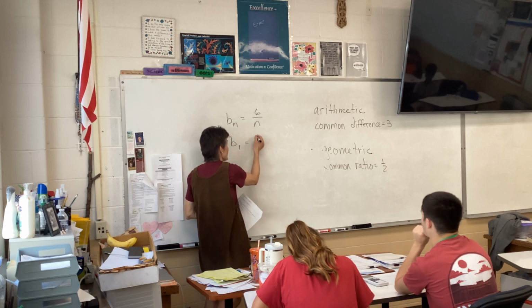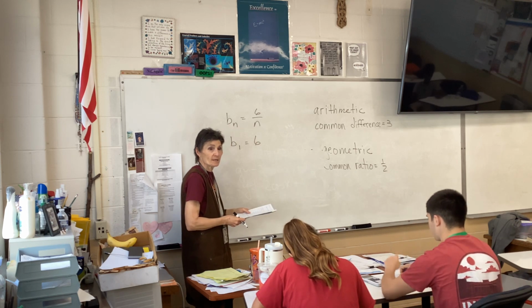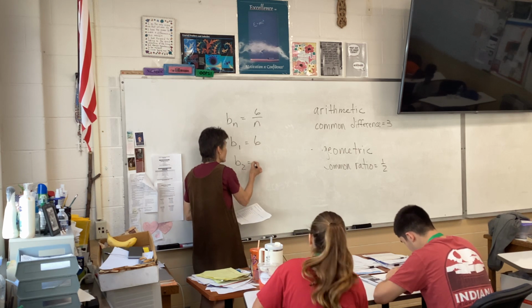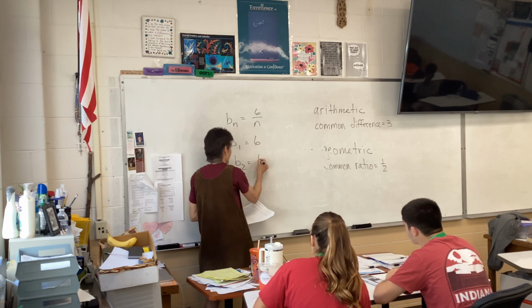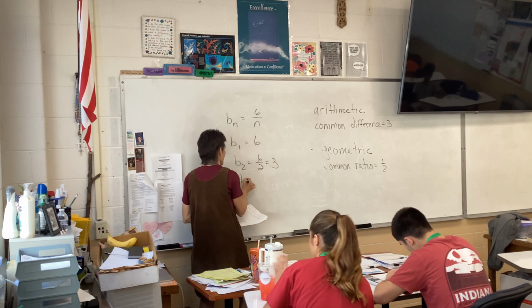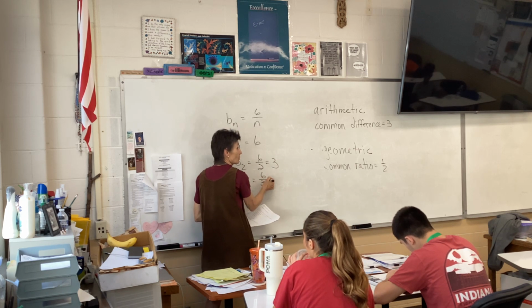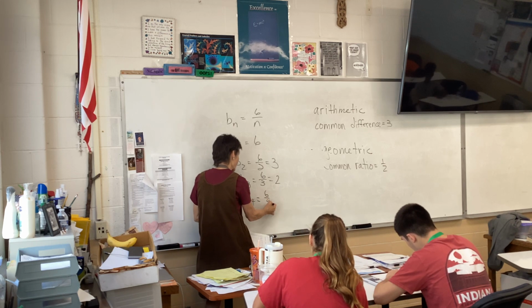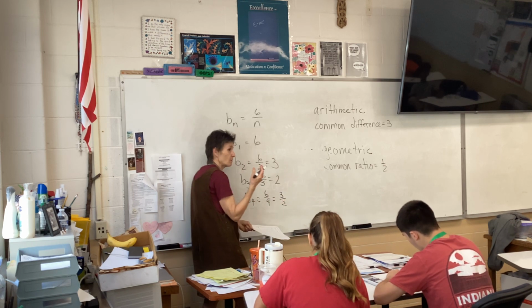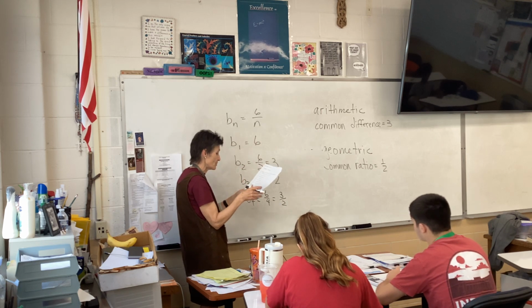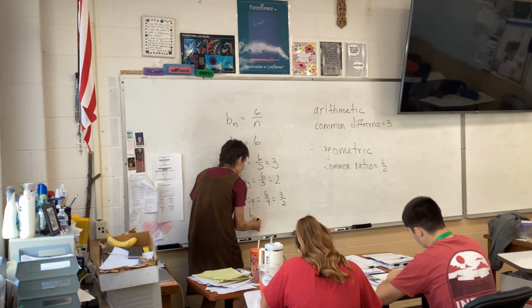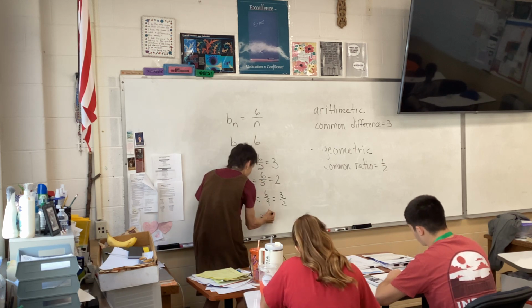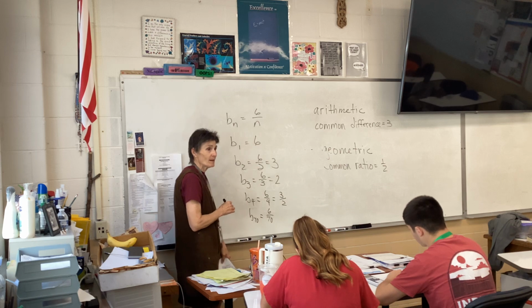So b sub 1 is going to be 6 over 1, which is 6. And b sub 2 is going to be 6 over 2, which is 3. And b sub 3, 6 over 3. How far do I have to go? b sub 4. Reduce, just like everything you've ever done. If you can reduce it, reduce it. And then it skips to b sub 70, but we don't care. b sub 70 is going to be 6 over 70, right?